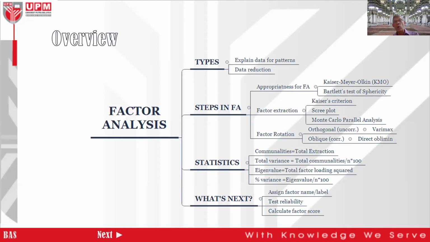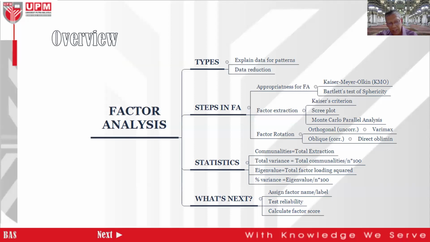Stage 2, we want to determine how many factors to be extracted. Out of the list of items that we enter into factor analysis, how many factors do you want to extract from the analysis? We have three procedures that we can follow. The first criterion, which is the default criterion in SPSS, is what is used if you don't set anything, and that method is called the Kaiser criterion.